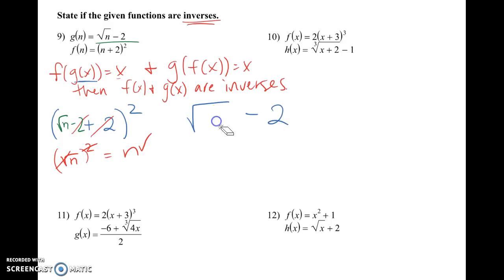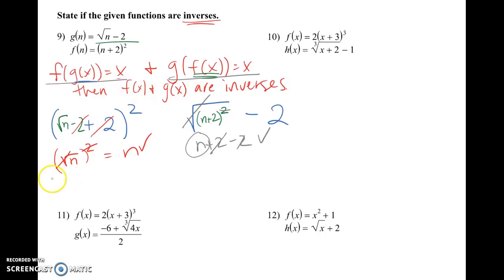And remember, instead of plugging in n, I'm plugging in the function f, which is n plus 2 squared. So the square root and the square cancel, and I get n plus 2 minus 2, and these cancel, and I'm left with just n. So since this statement is true and this statement is true, then f and g are inverses.